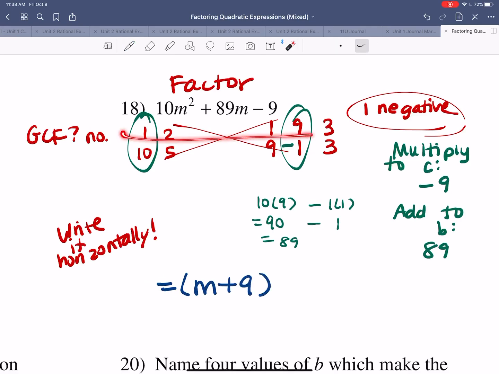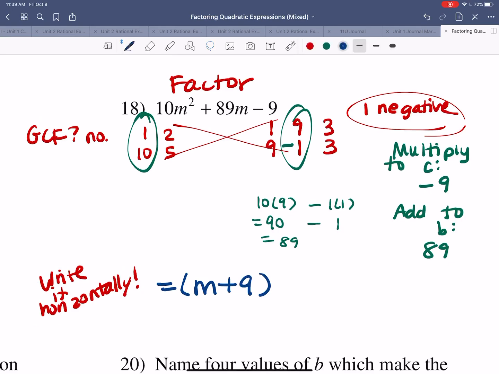I'm writing it horizontally, that's what I mean. Just left to right, not in a crisscross way. I only do the crisscross when I'm doing the check. This is like the crisscross check. So then I get m plus 9 and 10m minus 1, like that.